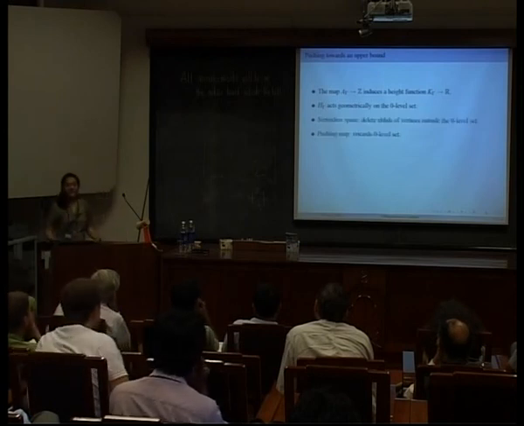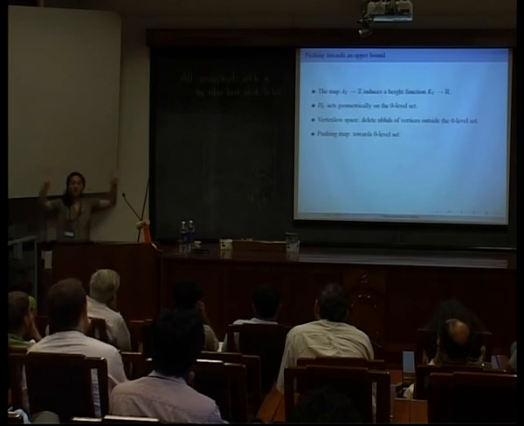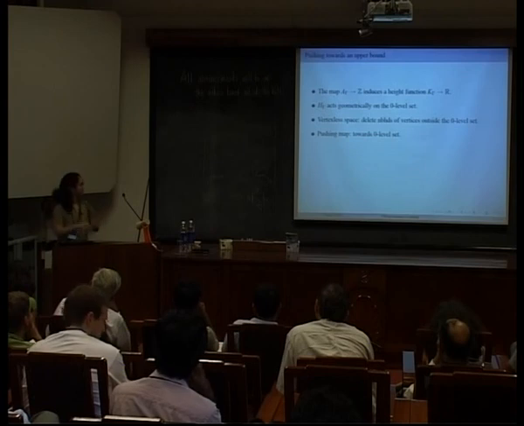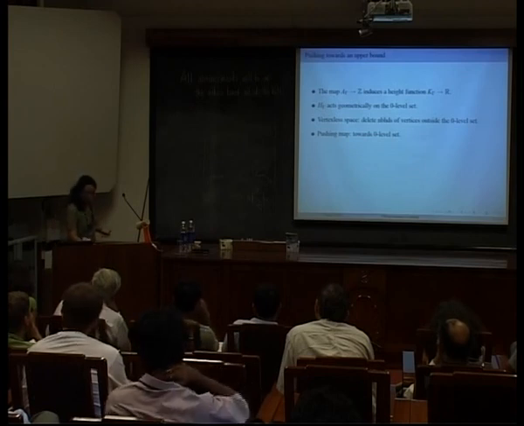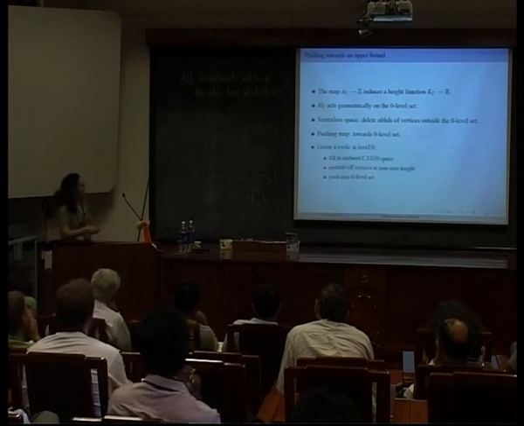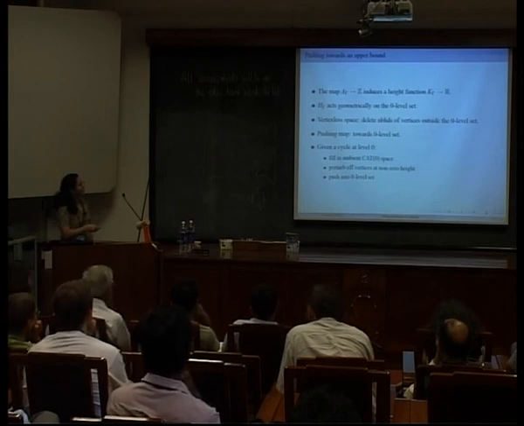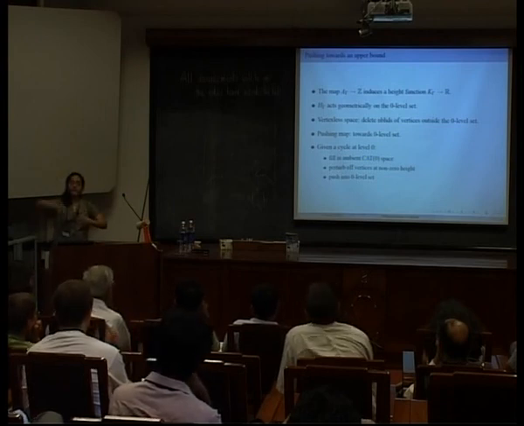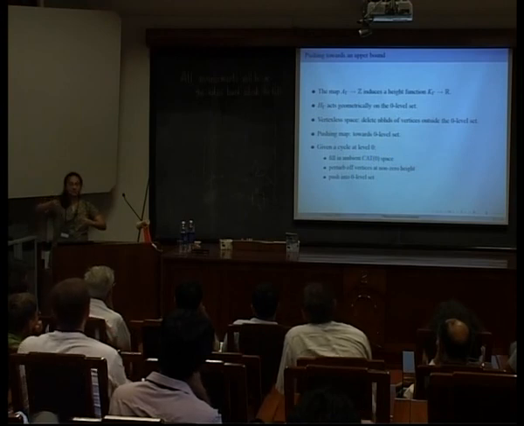Okay, so here's the idea. Use pushing again. The ambient complex is this CAT(0) space. Let's just give the idea here. If you have a cycle at level 0, then you can fill it in the ambient CAT(0) space. You know how to do that efficiently.